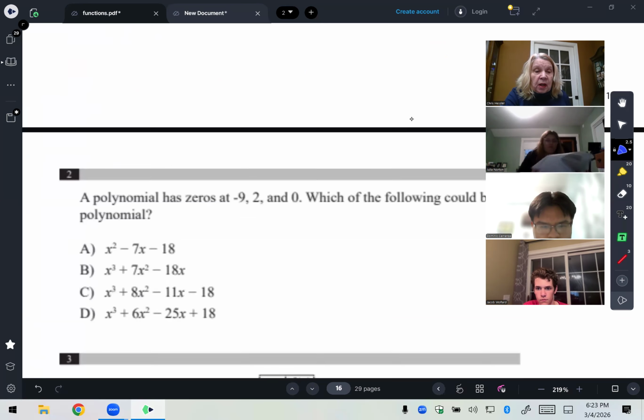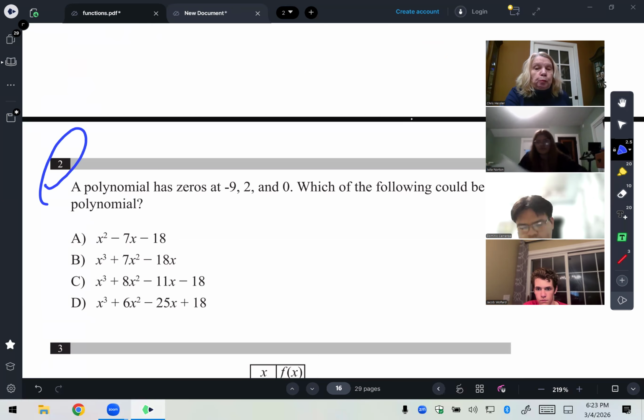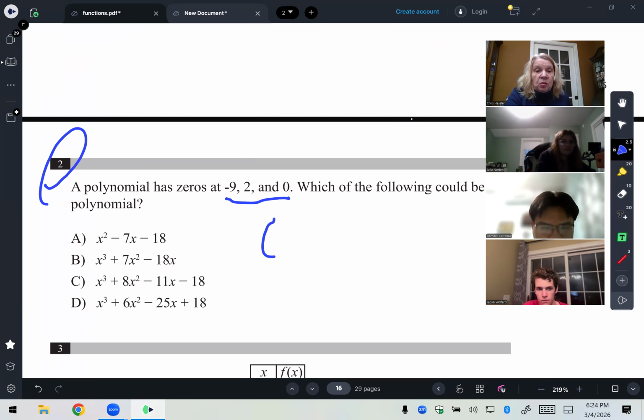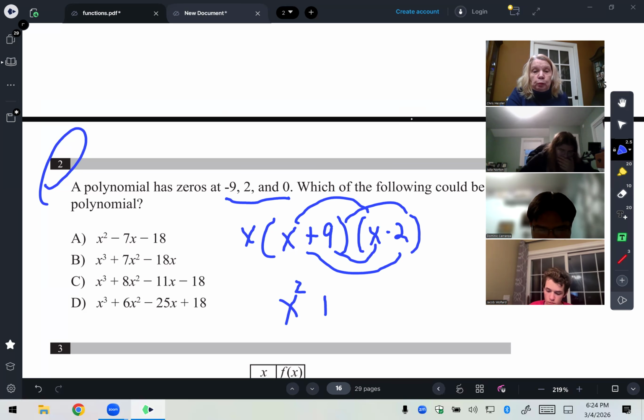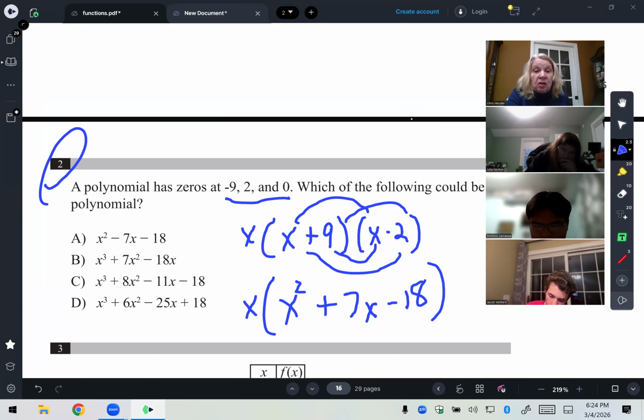So on the next page, okay, a polynomial has zeros at -9, 2, and 0. So that means we're going to have x plus 9, x minus 2, and just an x out front here. So when we FOIL this, we're going to get x squared plus 7x minus 18, but then we have to multiply the whole thing by the x, which is at 0.